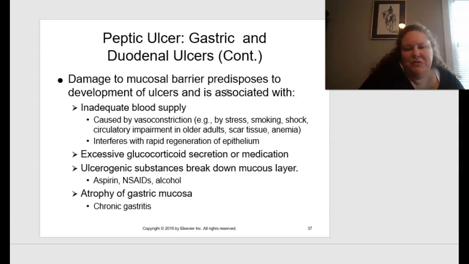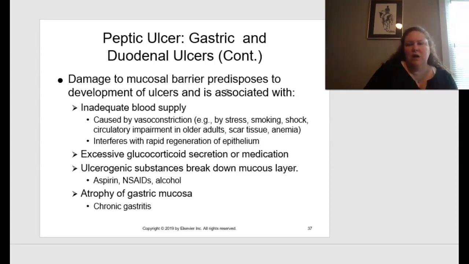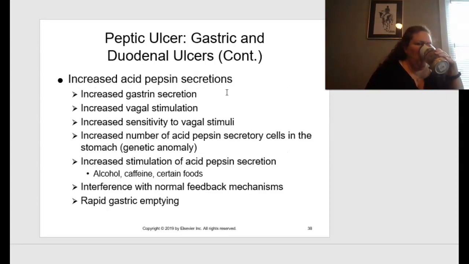You can also have atrophy of the gastric mucosa, which can cause chronic gastritis. The increased acid pepsin secretions can cause increased gastrin secretion. Vagal stimulation is increased sensitivity to the vagal stimuli.